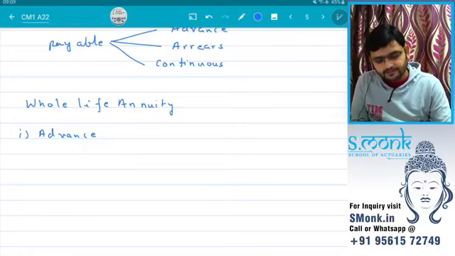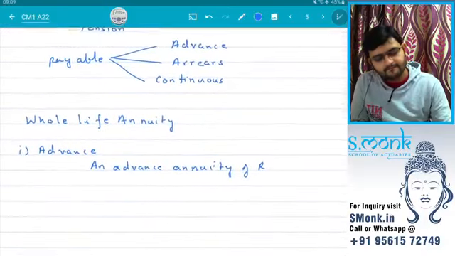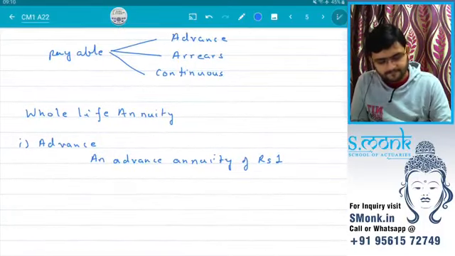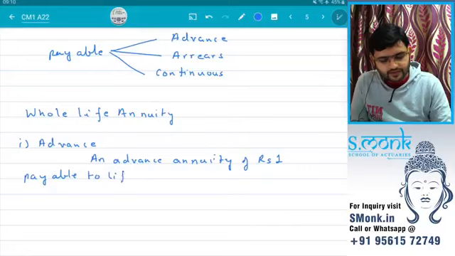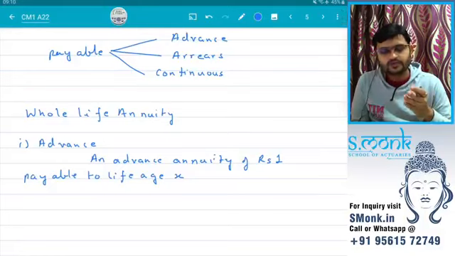So we'll say an advance annuity of ₹1 payable to life aged X. Now, whether it is payable to or payable by depends on whether we are talking about premium or pension or different annuities; it does not matter.